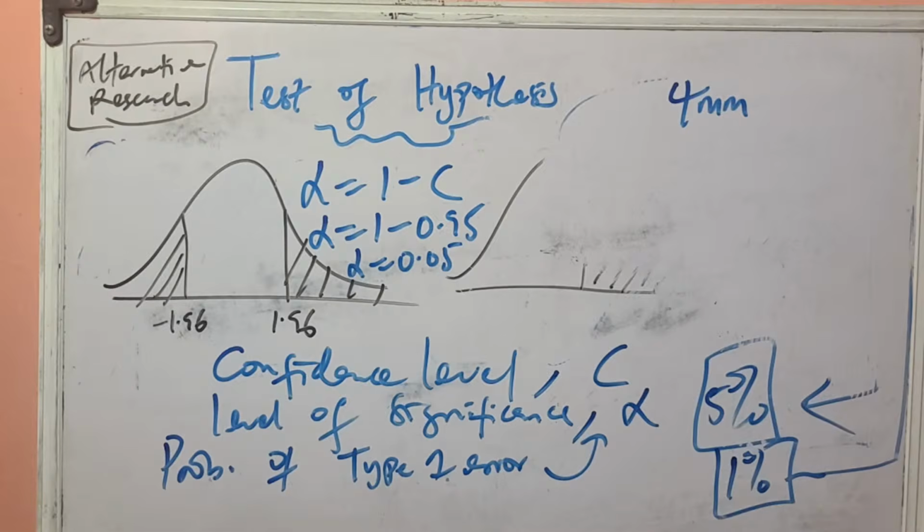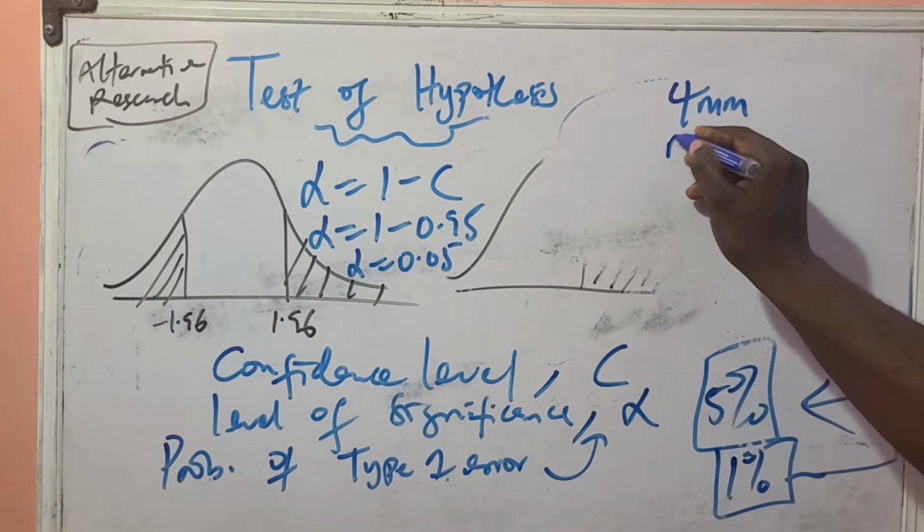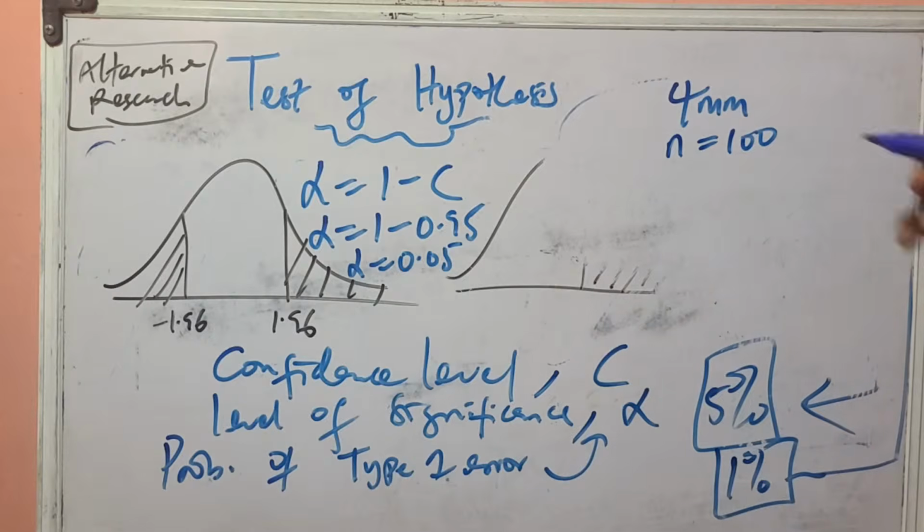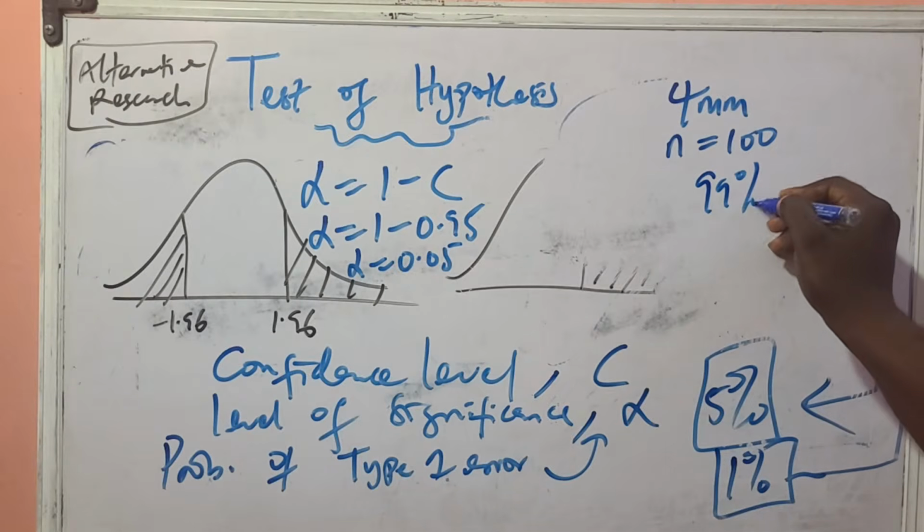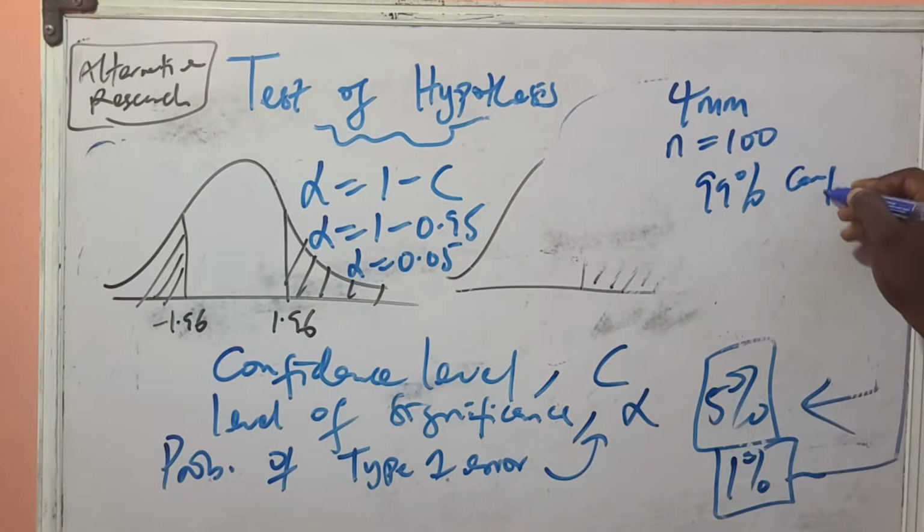Now, he samples 100 straw. That means your n there is 100. To perform a hypothesis test with 99% confidence. So you can see what's going on here now.